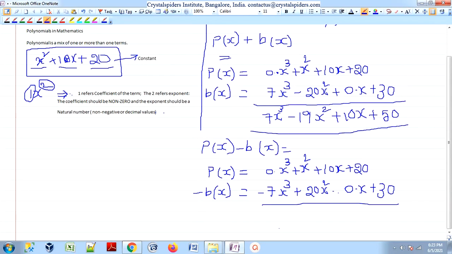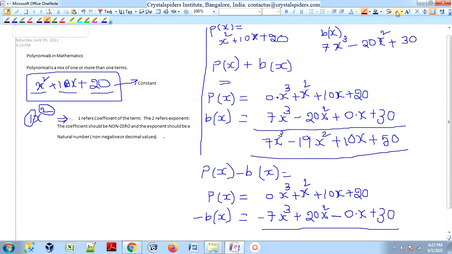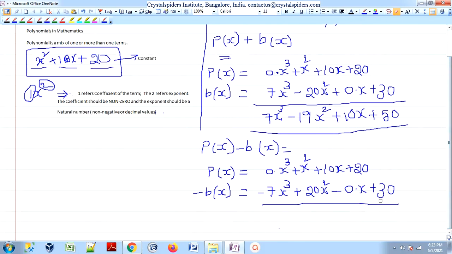Yeah, let's make it like that, guys, minus 0x, and this is not plus 30, it will be minus 30, because we are going to multiply the polynomial b of x with the -1. So now it becomes minus 7x cube plus 20x square minus 0x minus 30.